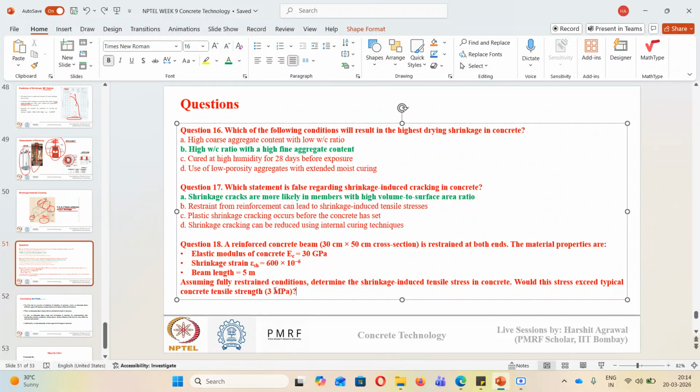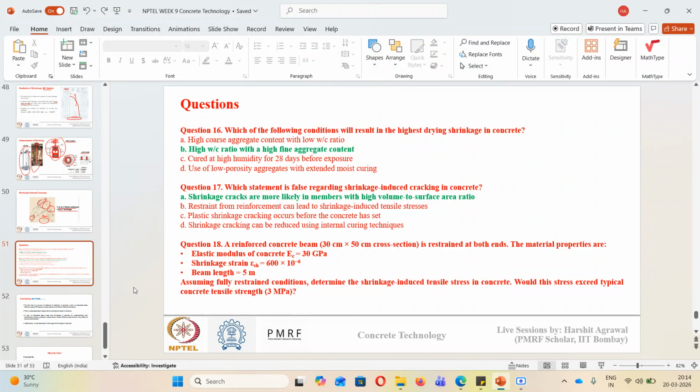Shrinkage stress is nothing but elastic modulus multiplied by shrinkage strain, and that stress, if it is more than the tensile strength of concrete, will cause failure of concrete.